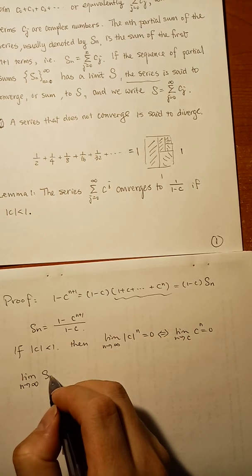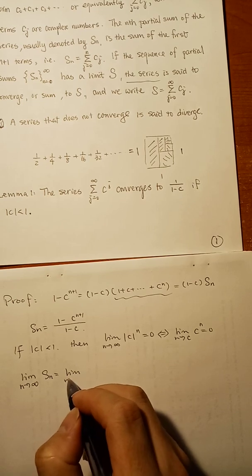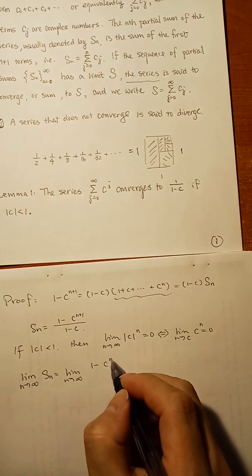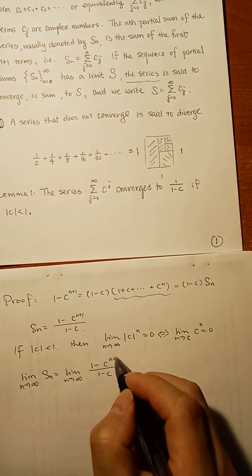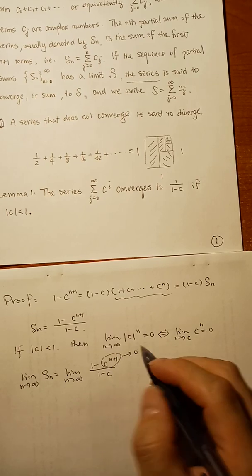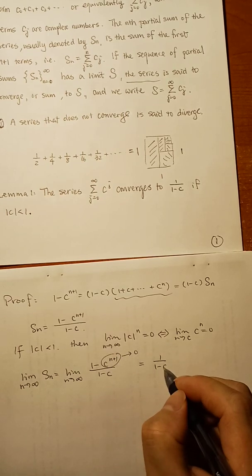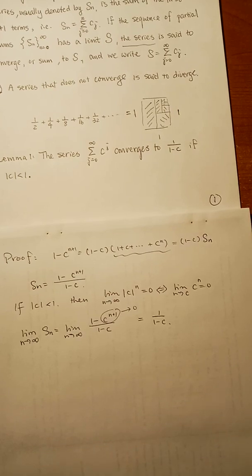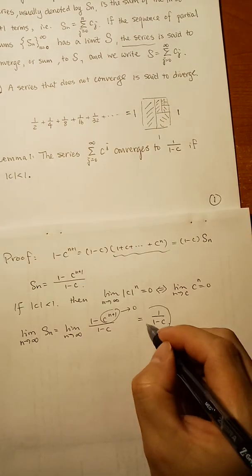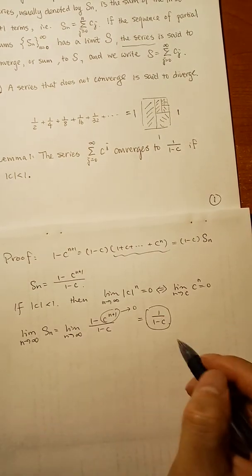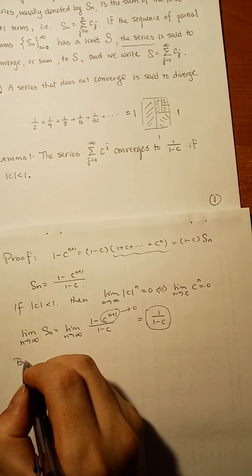So the limit of Sn is the limit as n approaches infinity of (1 minus c to the n plus 1) over 1 minus c. This term approaches 0, so it approaches 1 over 1 minus c. So that's the limit of the partial sum sequence by the definition.